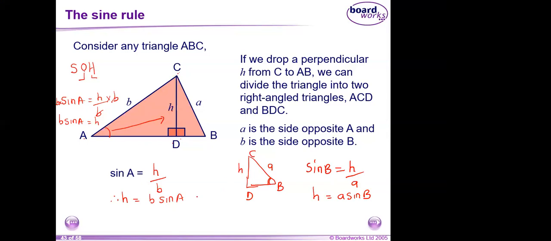Now, when you look at equation 1 and equation 2, you are noticing that they have the same H, meaning that my B sine of A is the same as A sine of B. Members, is that okay? Yes.